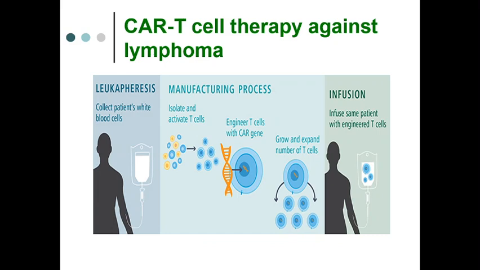Now how is it brought about? And this CAR T cell therapy is used against B cell lymphoma only. It cannot be used against other tumors because it is specific as far as B cell lymphoma is concerned, and it has not worked out successfully against other tumors.